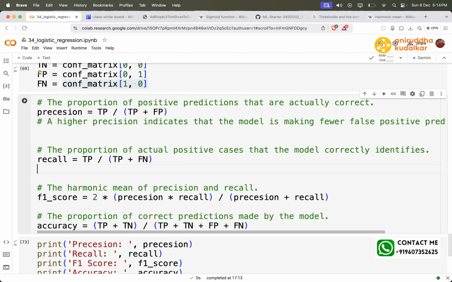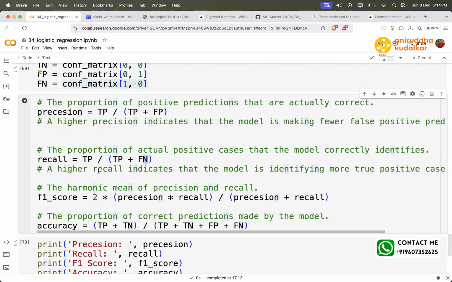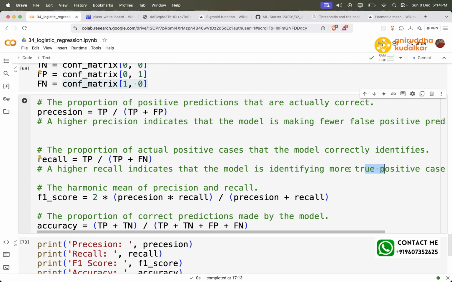What is the recall? True positives upon TP plus FN, false negatives. Higher recall value indicates that the model is identifying more true positive cases.